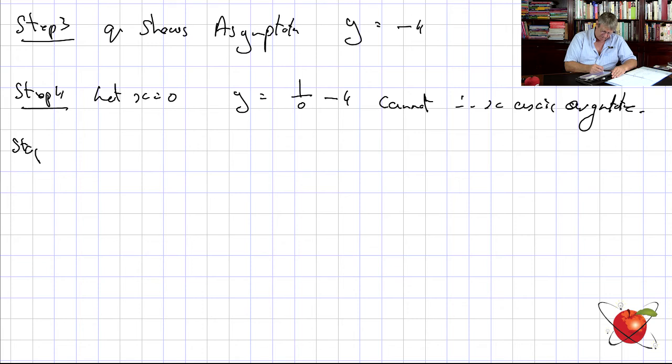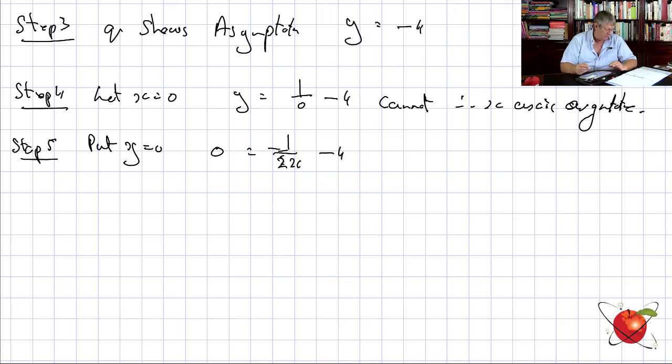Step 5, let y equal 0. 0 is equal to minus a half, just put the x underneath, x minus 4. That's very frustrating when it does that.